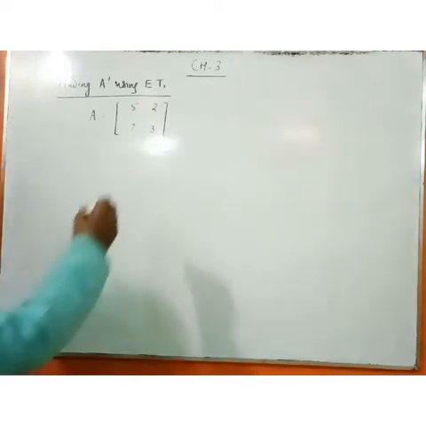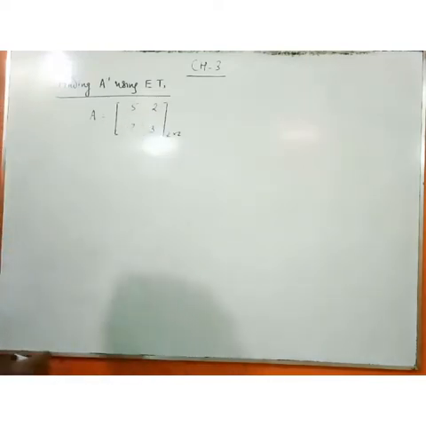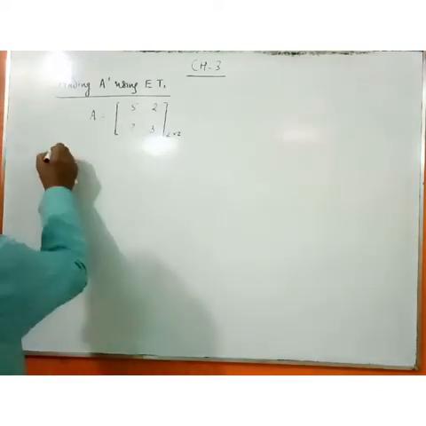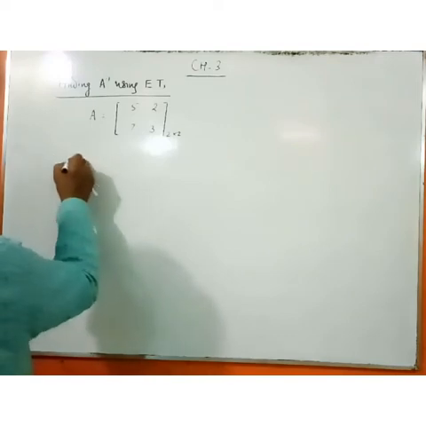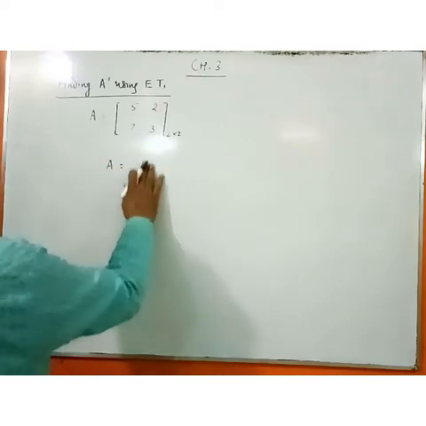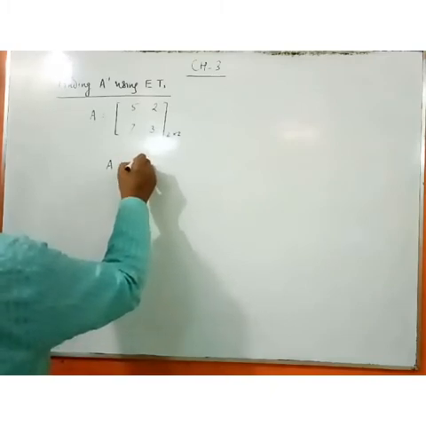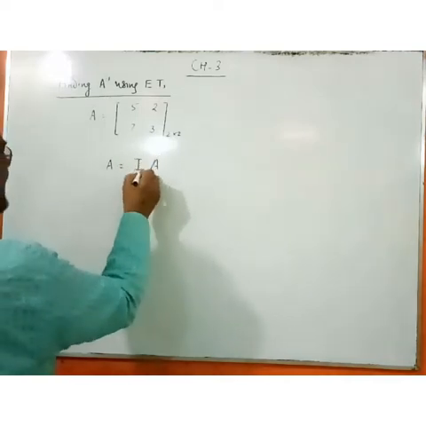This is a 2 by 2 matrix and we wish to find out the inverse of this matrix using elementary row transformations. So we shall write A is equal to IA, where I is I2.